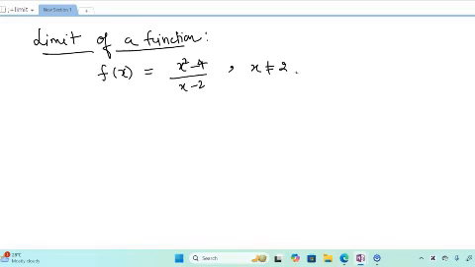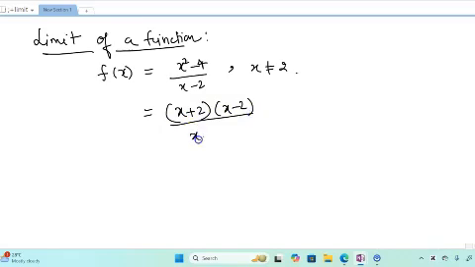It is because if x is equal to 2, then the denominator would be 0 and the function would not be defined. Now let's write it as (x plus 2)(x minus 2), and the denominator is x minus 2, x not equal to 2.